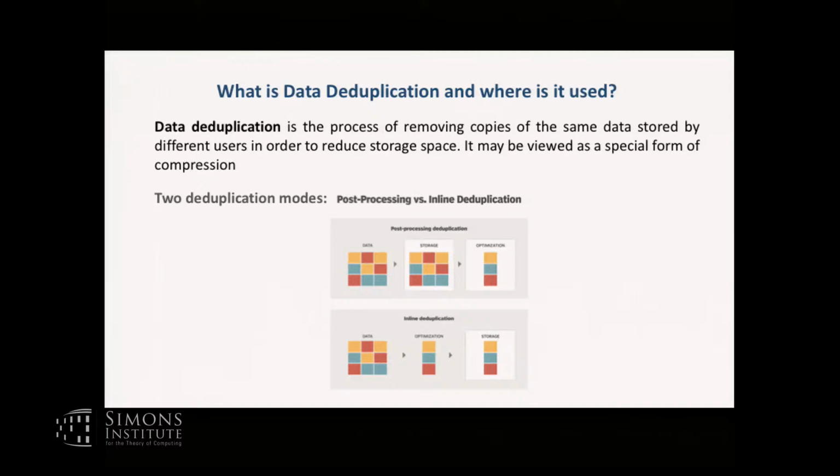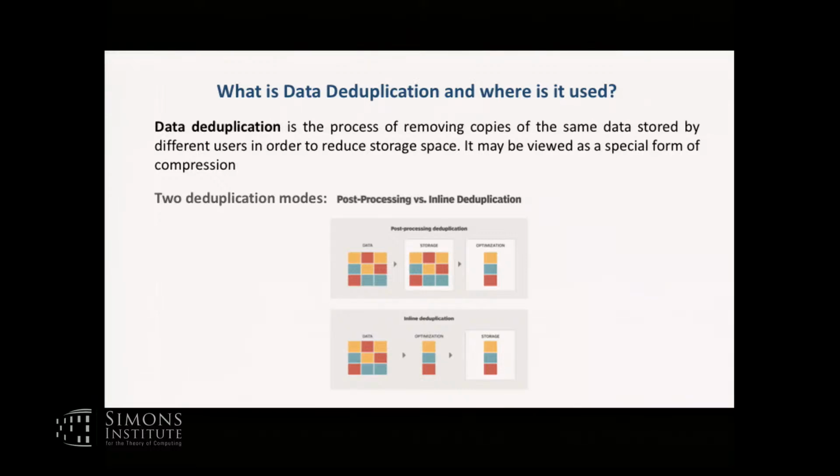And just to give you a little bit of background on data deduplication, usually it's performed in 2 manners: inline deduplication and post-processing deduplication. Post-processing deduplication is a method of removing redundant data by collecting the data, storing it, and then, as the word says, post-processing, removing redundant pieces of data from what's already stored.